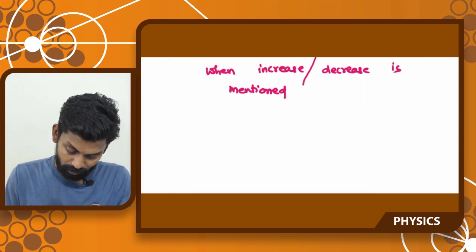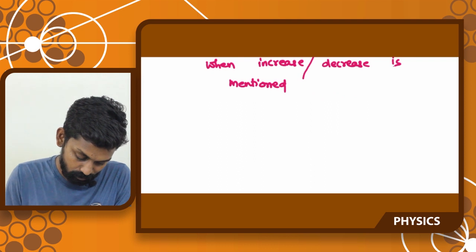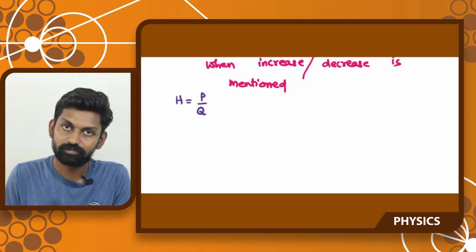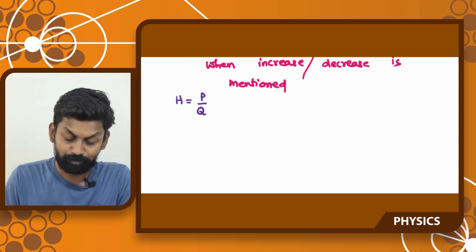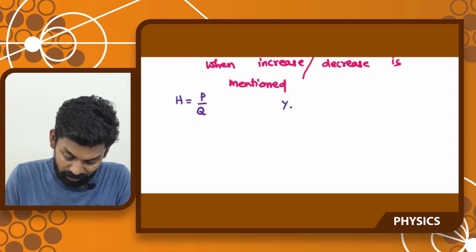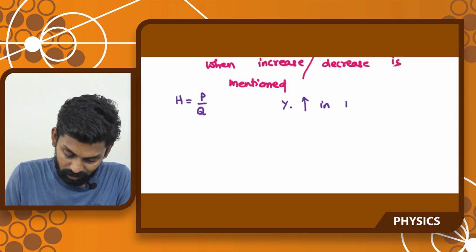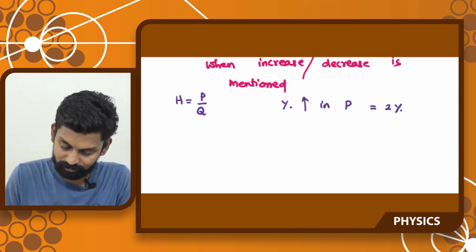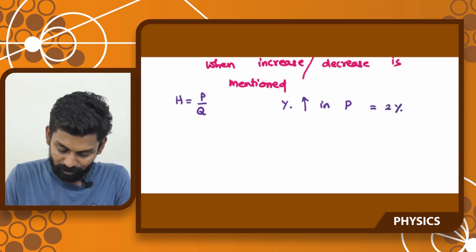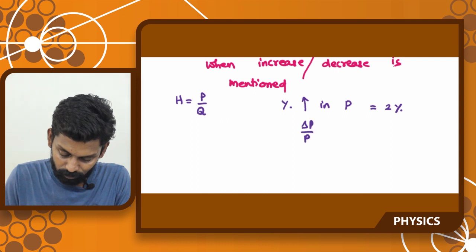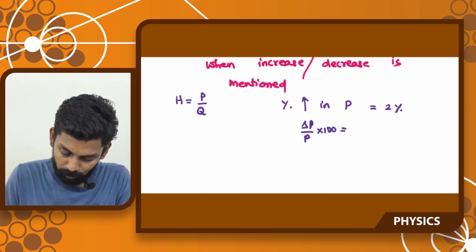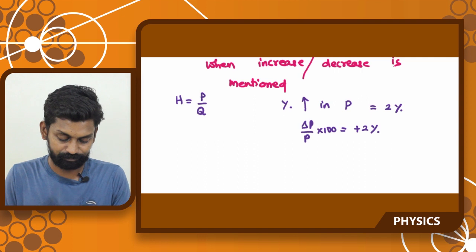See, for example, H is equal to P by Q. Now, they said the percentage increase in P is equal to 2%. It is an increase. That means delta P by P into 100 is equal to plus 2%.